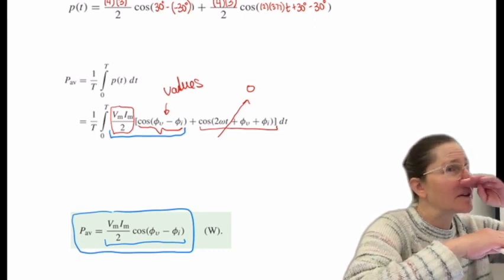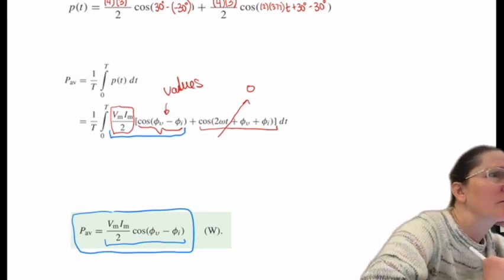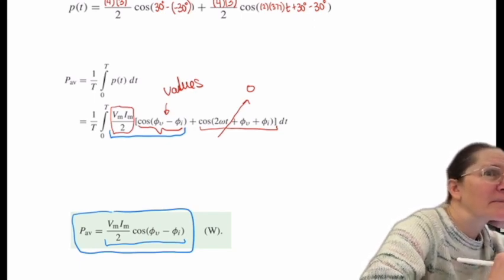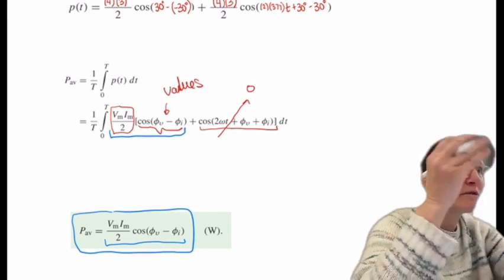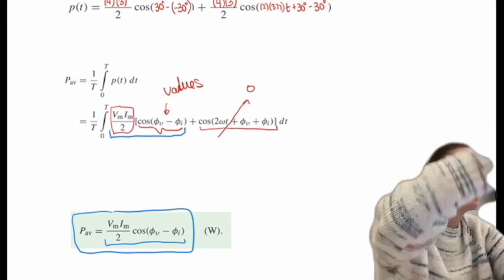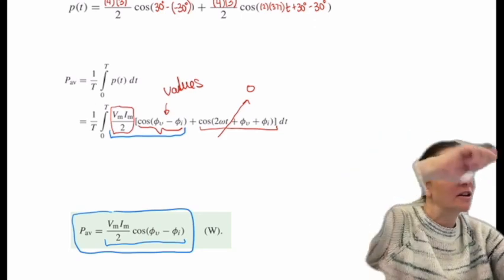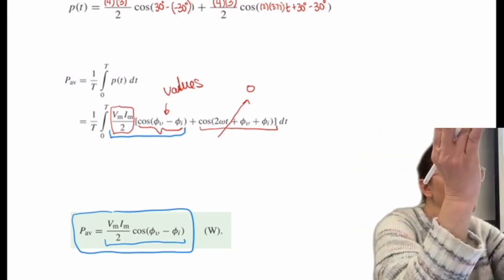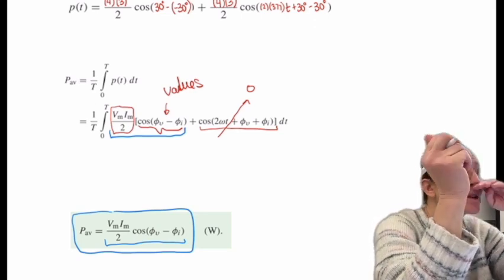And so when you integrate cosine, it's always 0 over a time period. T is the period. So if you're doing it over one period, it's for sure 0 because it goes up and down. And 2t just increases it in between that time period to twice that. So it's exactly 0 still.